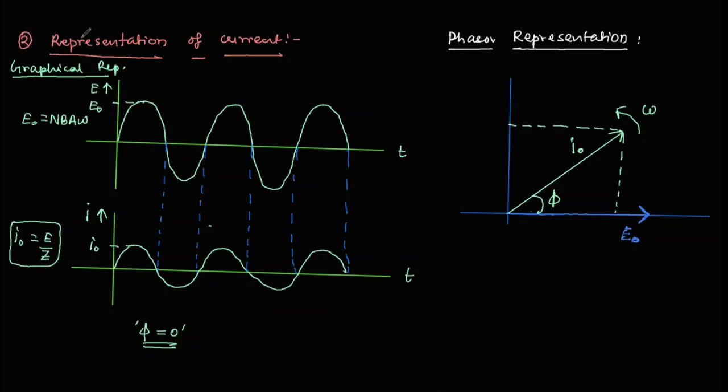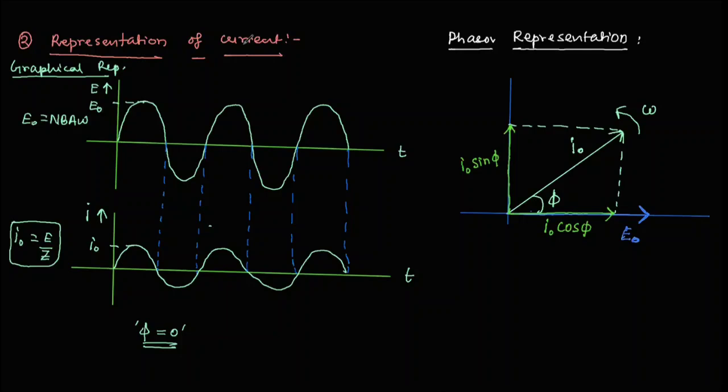So if I represent it as an anti-clockwise rotating vector, then we will have two components of current as well. This is I naught cos phi, and the other one is I naught sin phi. We will be discussing what they are representing. Right now I am just mentioning what it is.